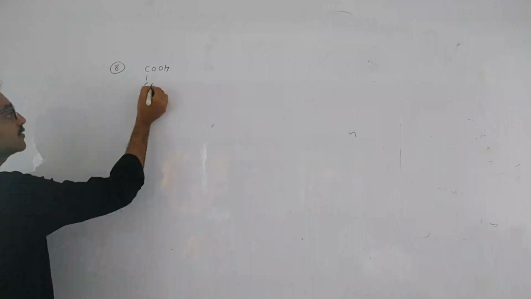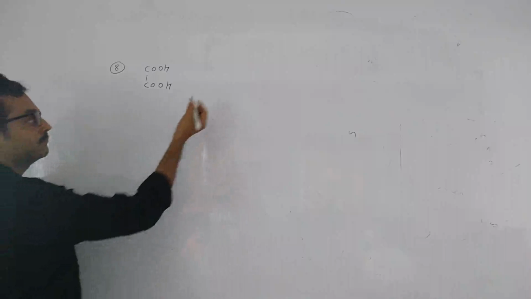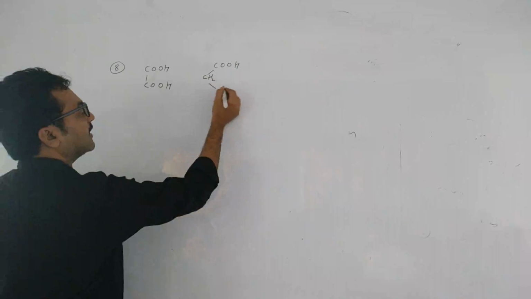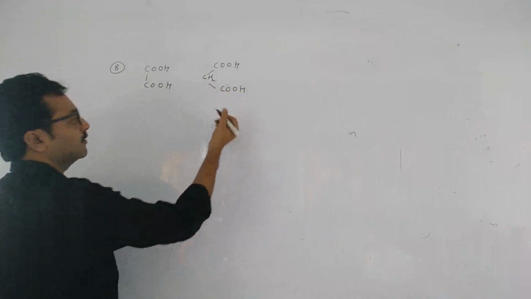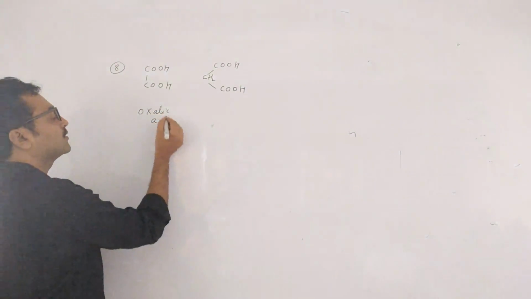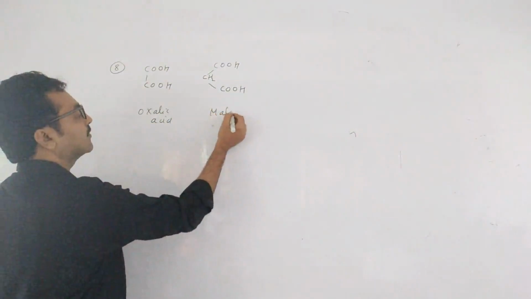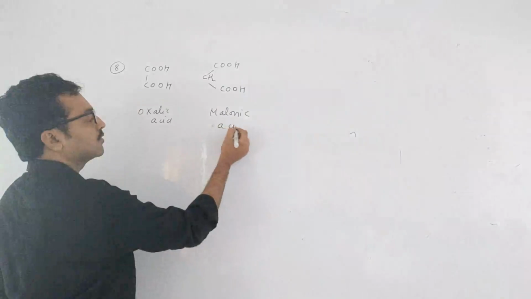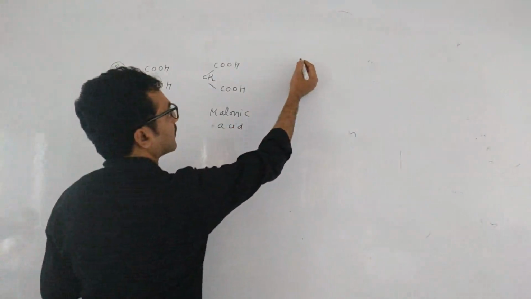COOH, what is this called? Oxalic acid. And this one, malonic acid. That is not malic acid; this is malonic acid. Don't get confused.